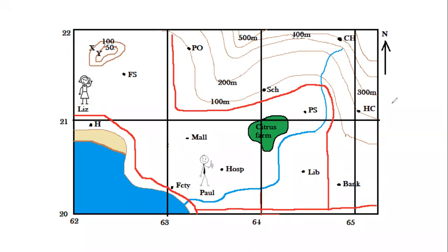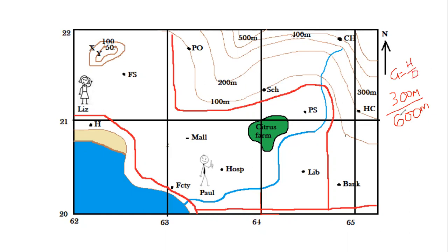Since we know the vertical height difference between the school and the church, which we calculated and said was 300 meters, and now we know that the horizontal distance from the school to the church is 600 meters, we can calculate the gradient of the slope. We calculate the gradient of a slope by dividing the difference in height over the distance.